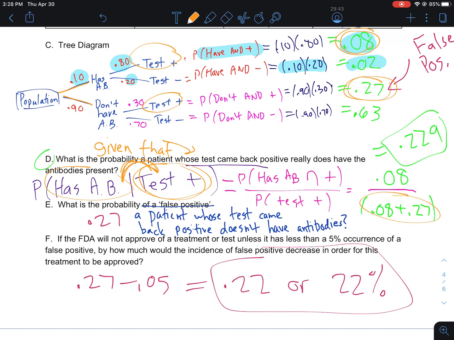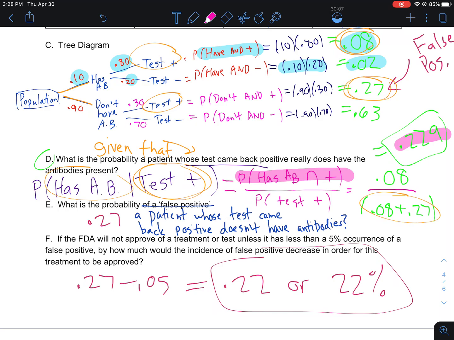Now, the numerator is, I guess you'd say, the combination of those two occurring simultaneously. And that's what's going on in this part. Who has antibodies and tested positive? And that's 0.08. So 0.08 over 0.35 is where I got this answer of 0.229.